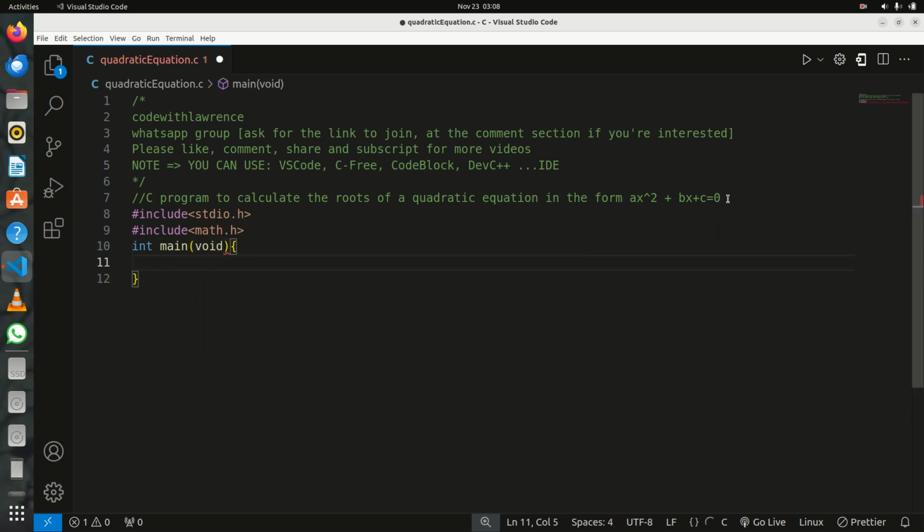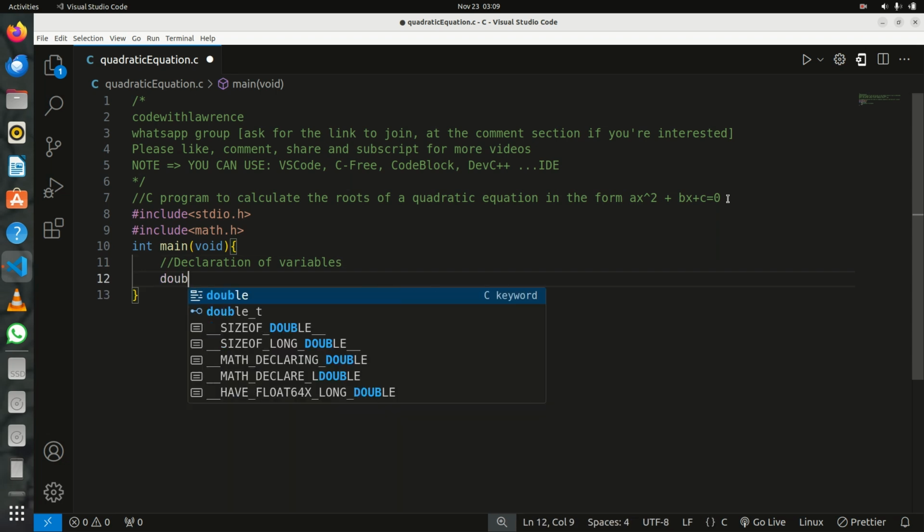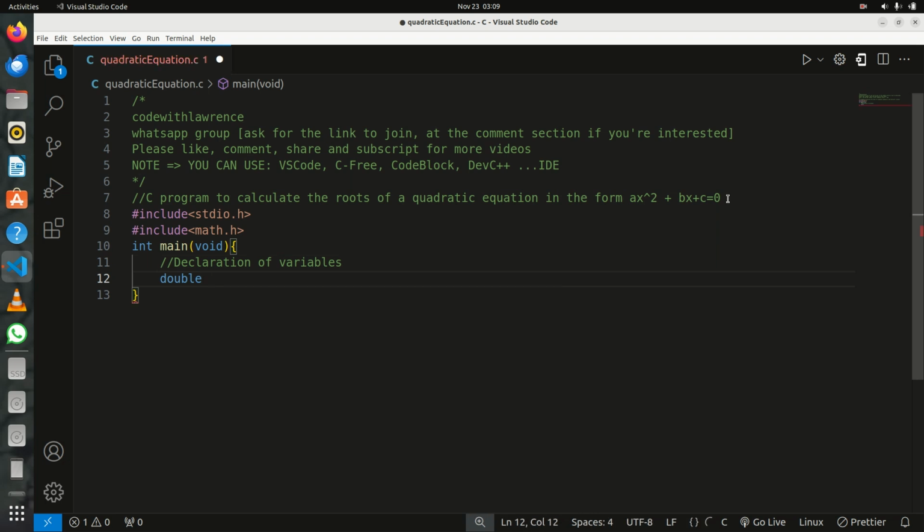The first thing we have to do now is to declare our variables. So we are going to declare double data type for our variables a, b, c.